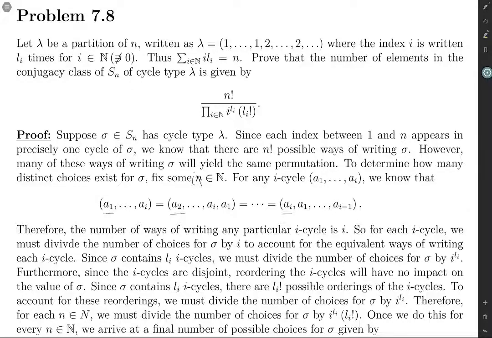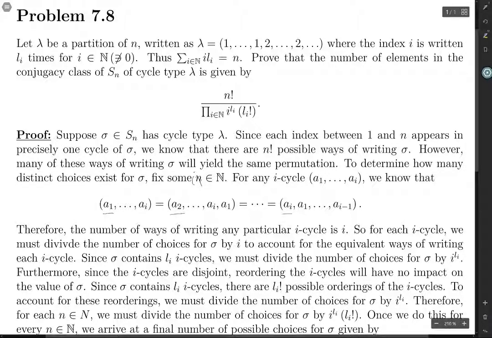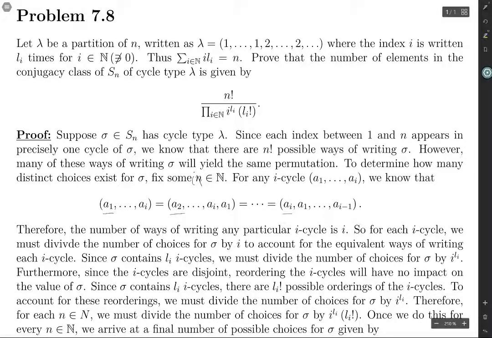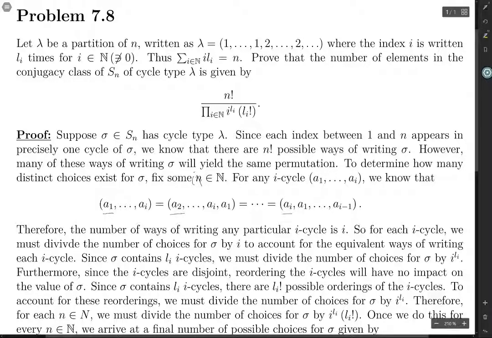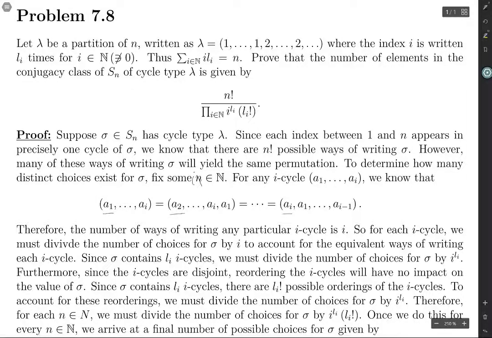So for every single I cycle we have, we must divide the number of choices for sigma by I to account for the equivalent ways of writing each I cycle. In particular, since sigma contains Li I cycles, by the definition of Li, we must divide the number of choices, which was n factorial, by I to the power of Li.